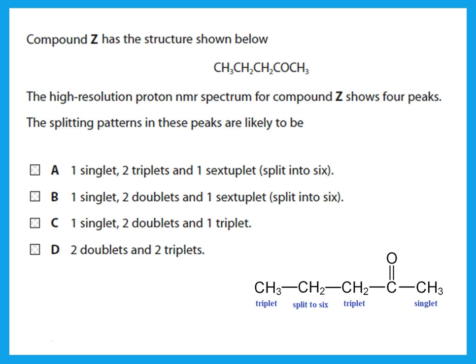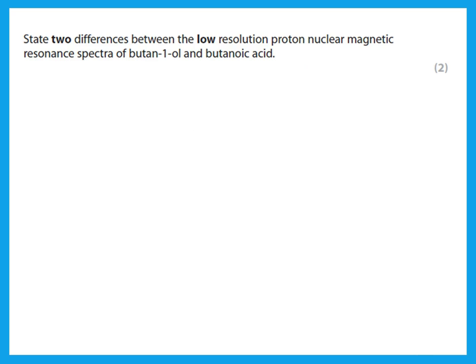Now, the CH2 after that has 2 hydrogens on the neighboring carbon, so it will be a triplet. The CH2 in the middle has 2 hydrogens on one side, 3 hydrogens on the other, so it will split into 6. While that final CH3 has 2 hydrogens on the neighboring carbon, so it is a triplet, so this is my answer.